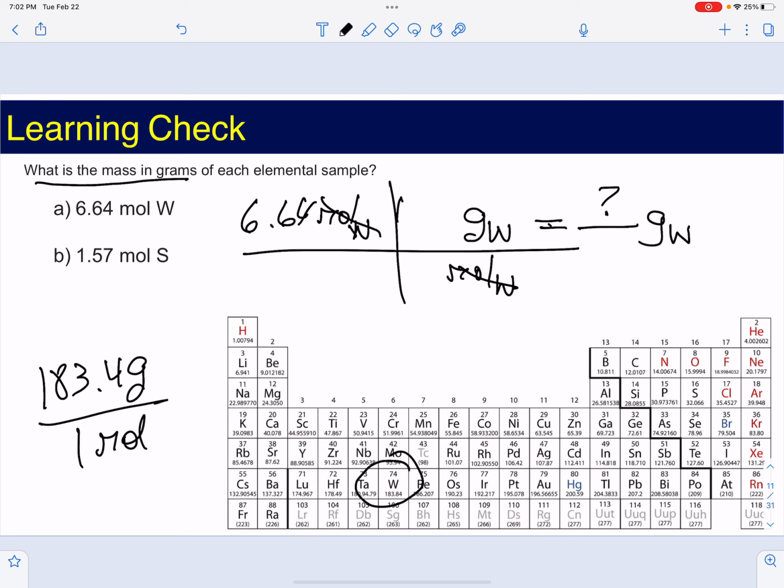So 6.64 times 183.4 divided by 1. And you're going to have 3 significant figures on your result. Let's do another one.